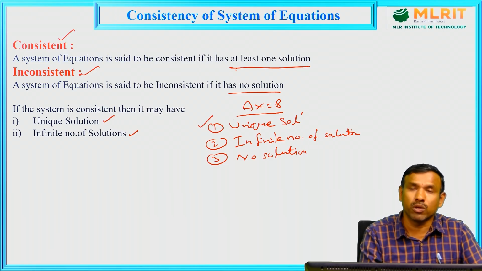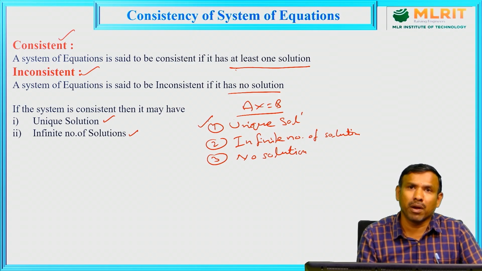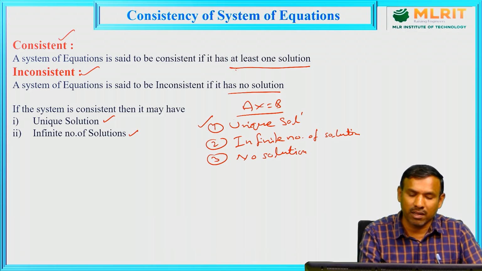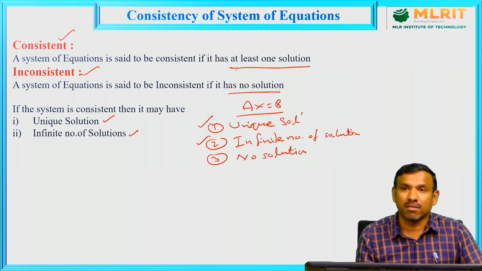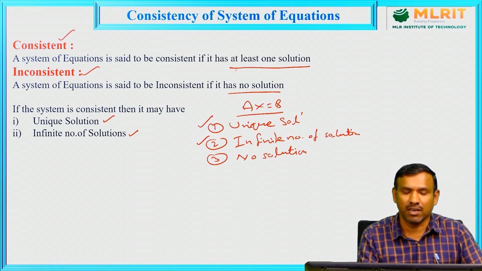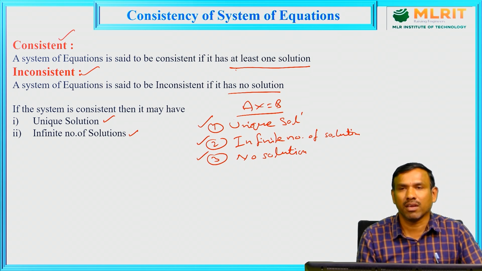The second is an infinite number of solutions: for some systems we can give any number of solutions, 10, 100, 1000. The third is no solution at all, which is inconsistent. Any one of these situations will arise, depending on the system of equations. Now we have to find which case will arise for the given system.